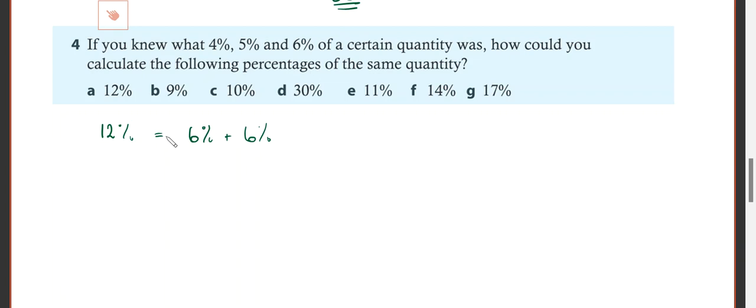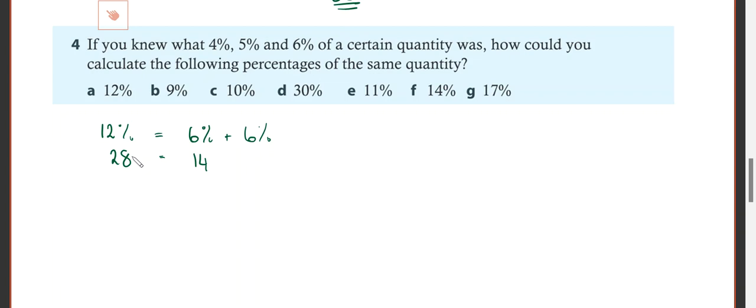Yeah? Okay. Now, if I told you that 12% was 14, then you would know that that's the wrong thing, wasn't it? If I told you that 6% was 14, what would 12% be? 28. Yeah.